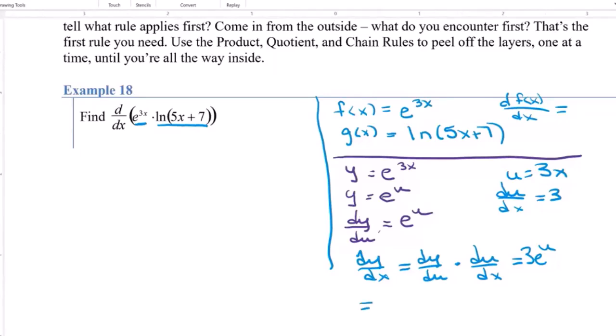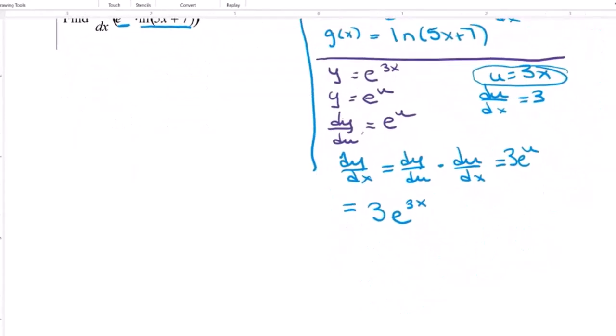So I say this is 3e, and I said u is equal to 3x, so to the 3x. And that is my df of x dx, 3e to the 3x. Okay. We got that part handled. Now we have to figure out what g prime of x is.